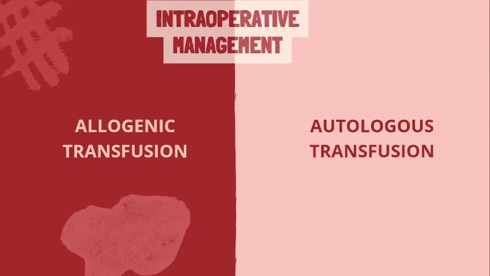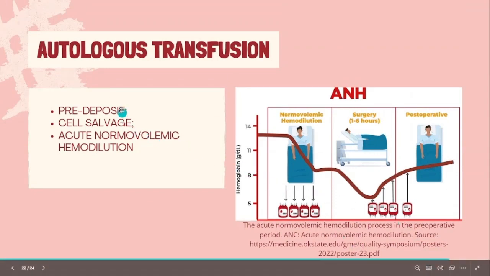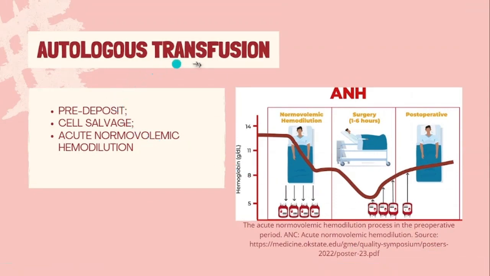In autologous transfusion, we have some options such as predeposit autologous transfusion, cell salvage, and acute normovolemic hemodilution. Predeposit is when the patient donates blood and it is stored in the blood bank, and if during the surgery the patient needs a blood transfusion, the patient will receive their own blood. Okay.